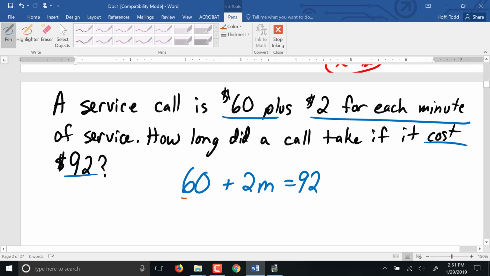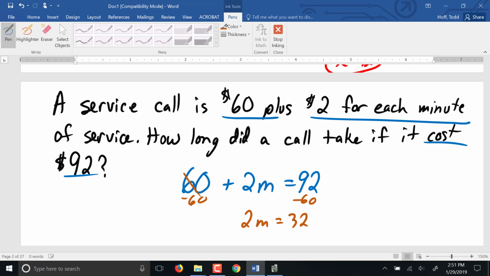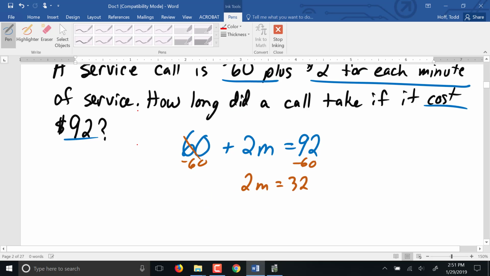We're going to subtract the 60. So 2M equals 32. And then we'll divide by 2 to get M by itself. M equals 16. How long did it take? Well, that is what M stands for, the number of minutes. So 16 minutes is our answer.